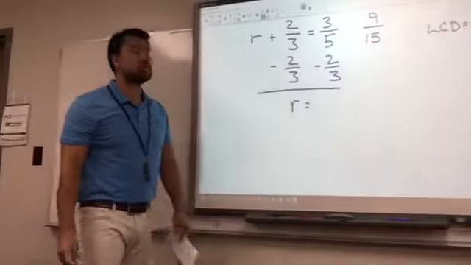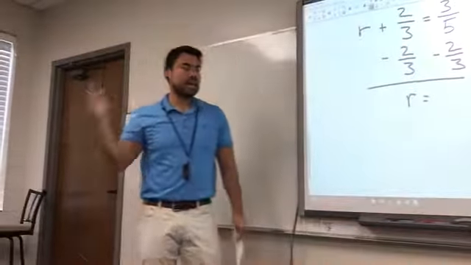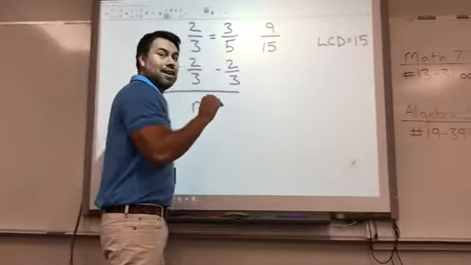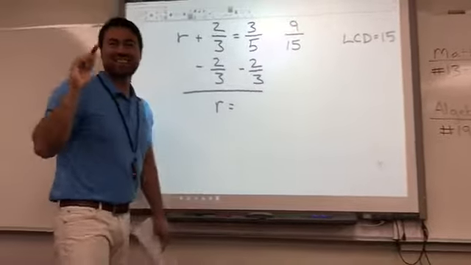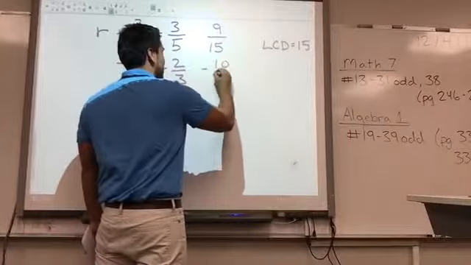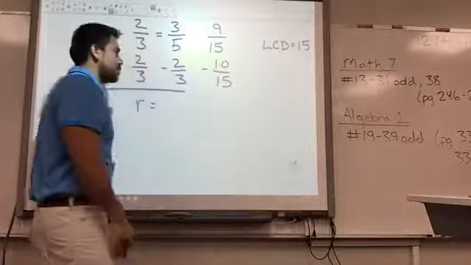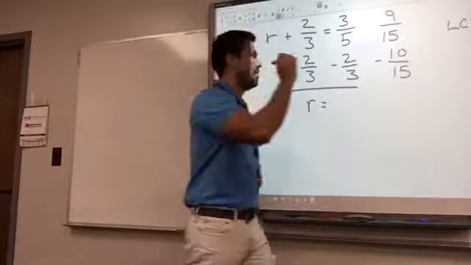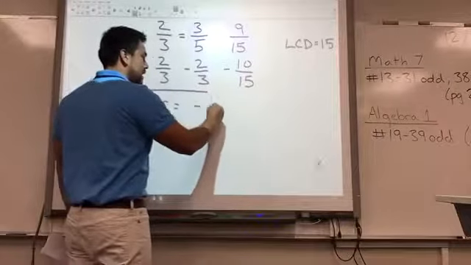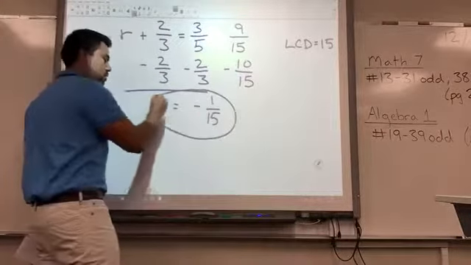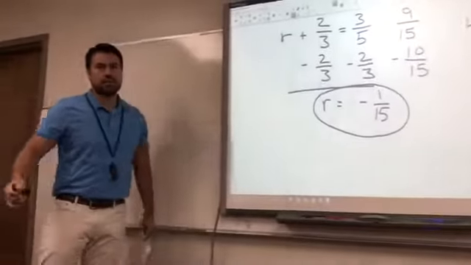What should I multiply 2/3 by to get a denominator of 15, Jack? So 5/5. Okay, so 5/5 here will get me negative 10/15. All right, so what's 9/15 minus 10/15? Yes, ma'am? Negative 1/15. And that's what R equals, negative 1/15.